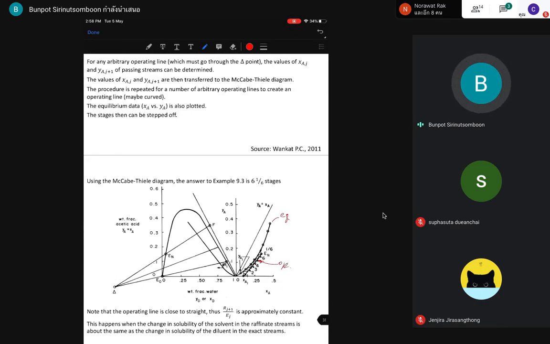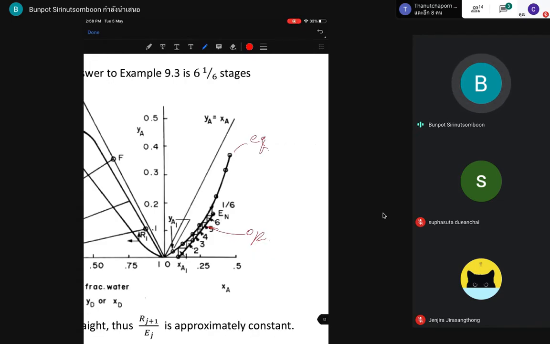You just need to find the delta point, and try to draw several random straight lines to find the overlapping lines. Once you get the overlapping line and the equilibrium line, then you can use the usual procedure, draw the steps to find the number of stages.